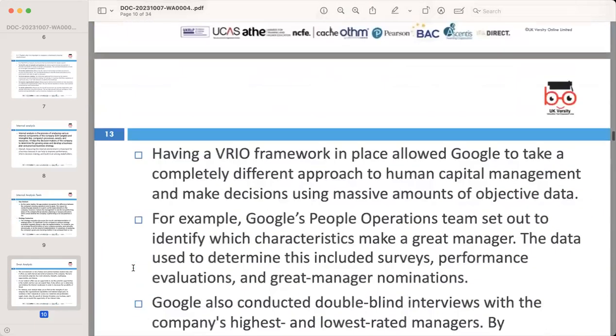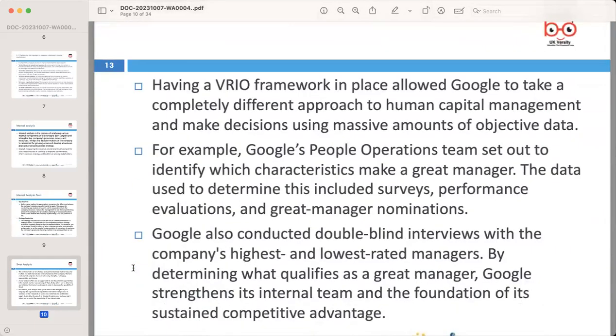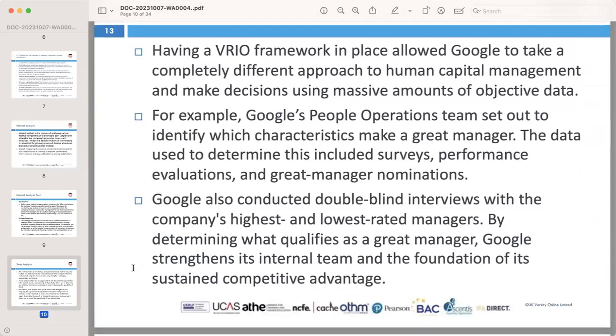So we'll come to the next, the impact of VRIO at Google. Having a VRIO framework in place allowed Google to take a completely different approach to human capital management and make decisions using massive amounts of objective data.